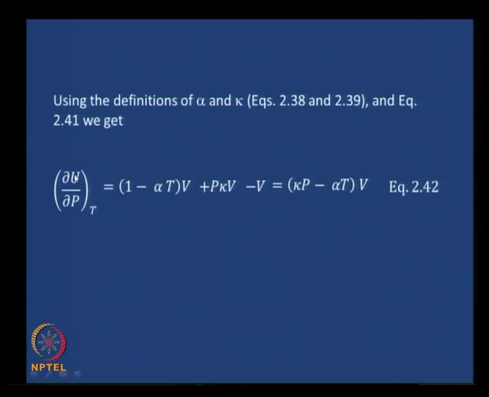Therefore you get ∂U/∂P at constant T is (1 minus alpha T) times V plus P kappa V minus V, and with V common out, you get (kappa P minus alpha T) times V. So all this is in terms of kappa P, alpha T and the specific volume, all of which are measurable. Let us call this equation 242.